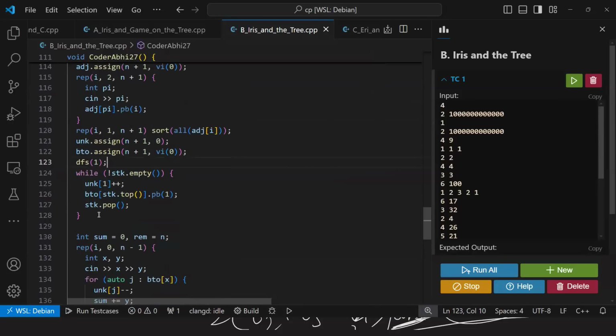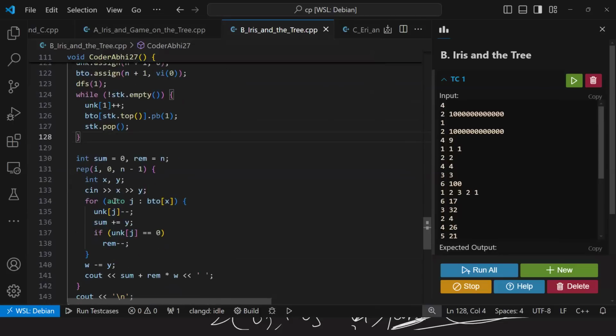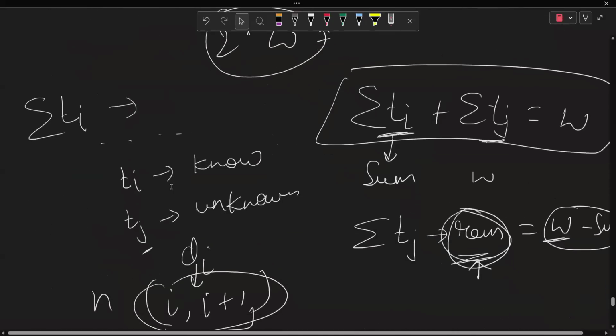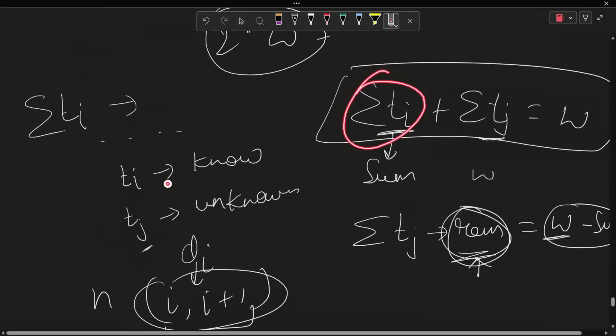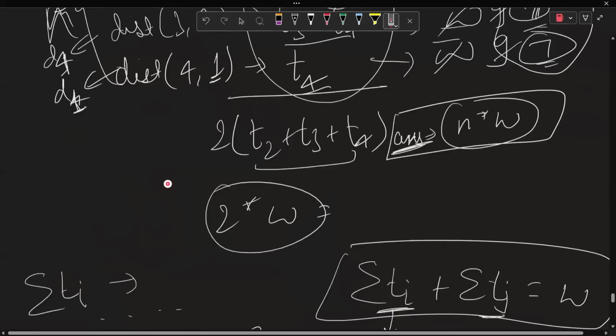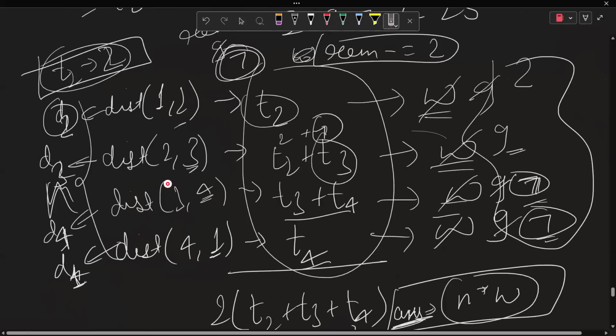Okay, once I have pre-computed them, now initially before any query, my sum is storing the sum of known weights. So my sum is storing the sum of known weights for every D. Like here, this was known, so my sum would store 2. This was known, it would again store 2.